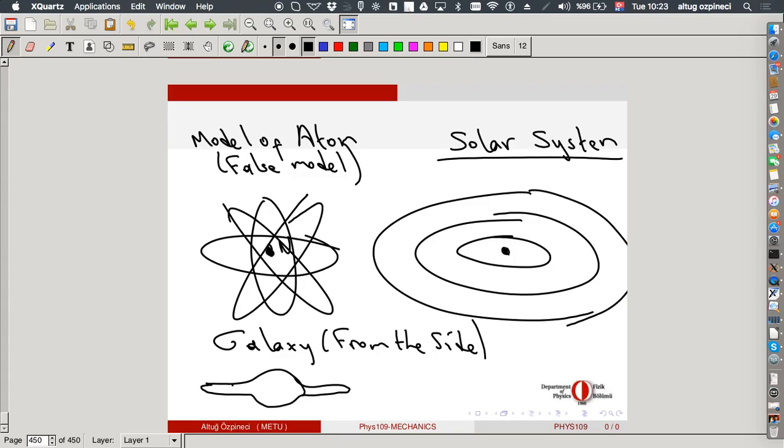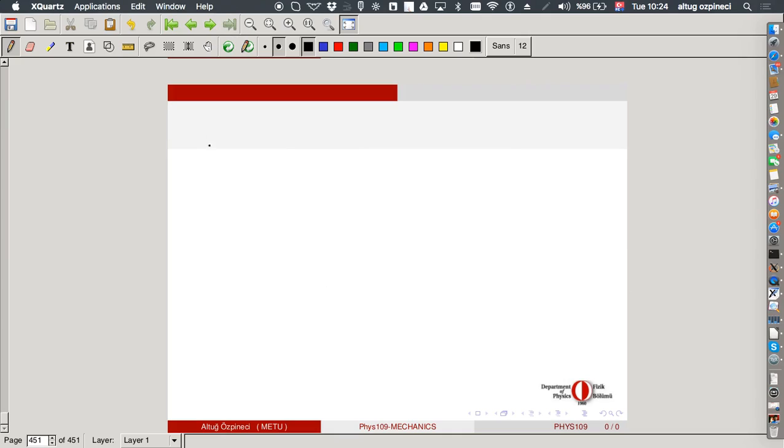So initially, if you just imagine that you have all this gas. It's not flat. Such a similar gas cloud formed the solar system, a similar gas cloud formed the galaxies.